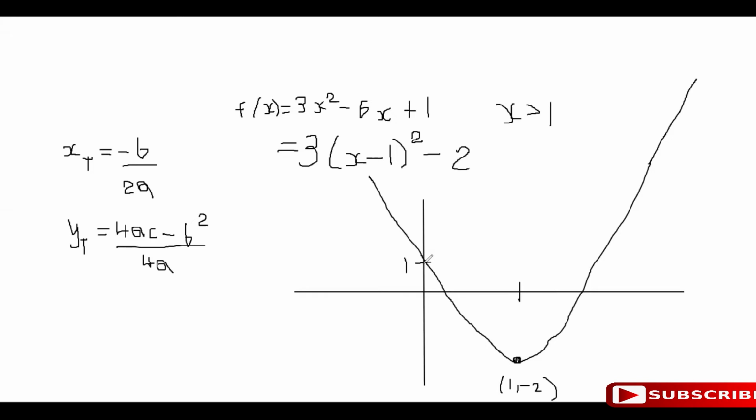Now we want the range of values of x that is going to make the function one-to-one. This is a many-to-one function because, as we can see, we have two x values right here being mapped to the same point. So clearly we can see that this is many to one.